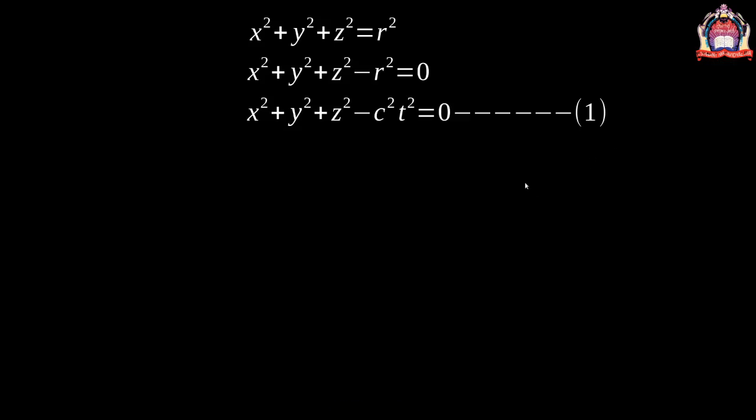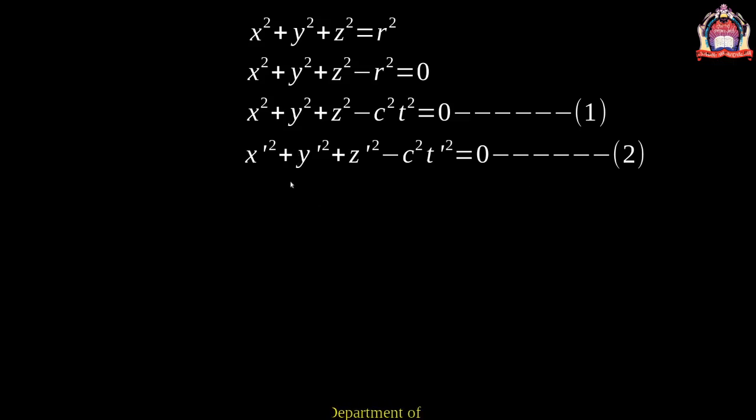Similarly, we can write for frame of reference 2, x dash square plus y dash square plus z dash square minus c square t dash square is equal to 0. So we can write equation 2. Equations 1 and 2 must be equal since both observers are at rest at the center of the same expanding wavefront initially.